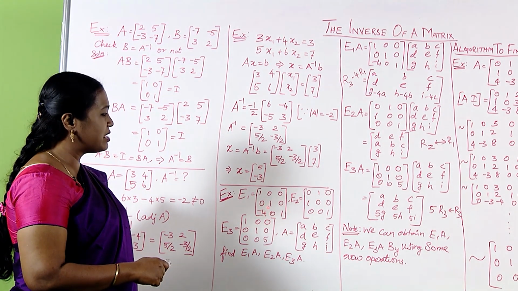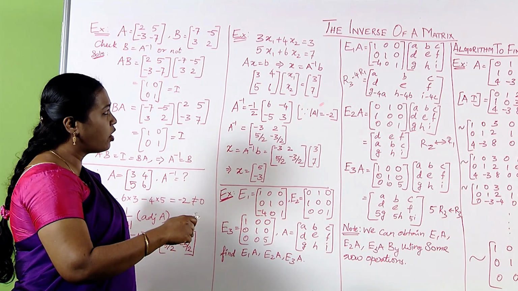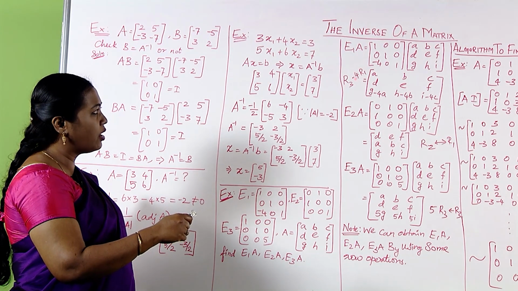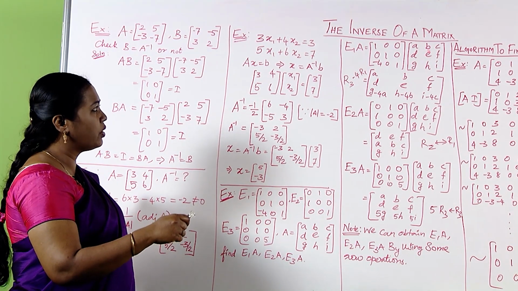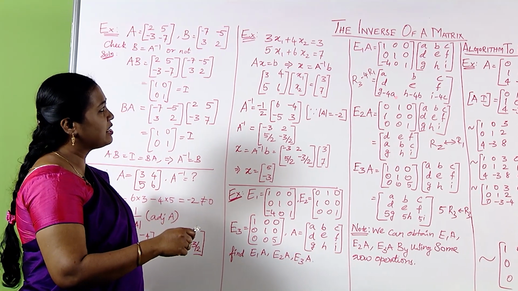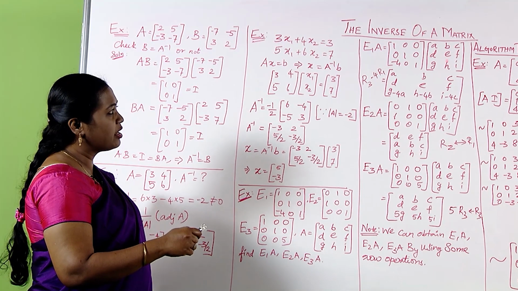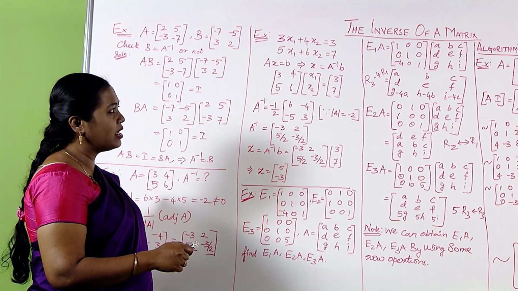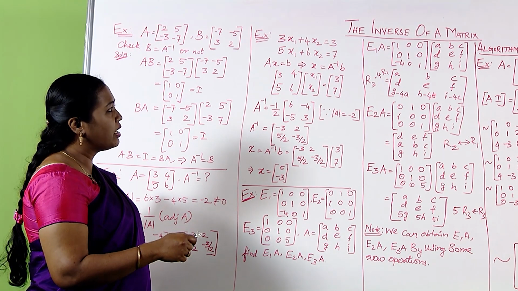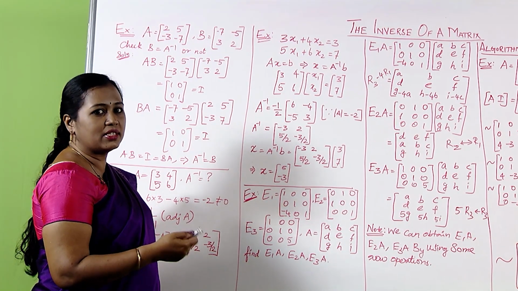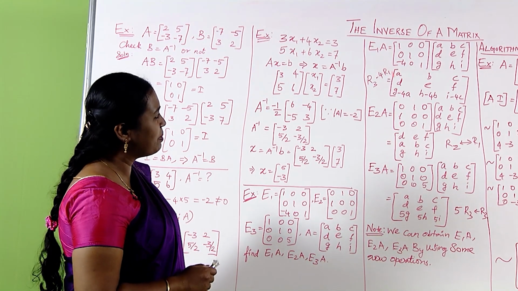E1 was a matrix that we got from the identity 3 cross 3 matrix by doing this operation R3 minus 4 R1. Similarly, you can do the same operation on A and still arrive at E1A. So, either you do this ordinary matrix multiplication, you will end up with the same answer, or you can do the same row operation on A and you can get E1A. So, this is a very cool aspect of elementary matrices.